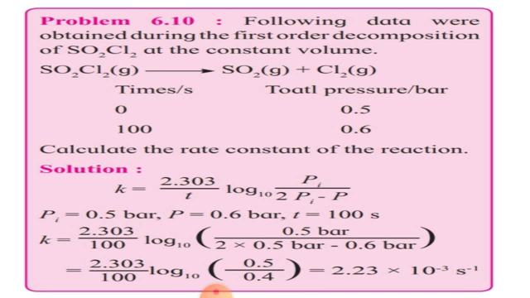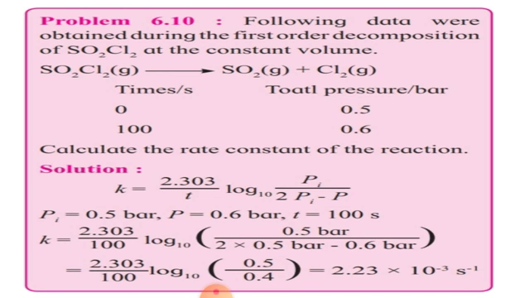It is a simple calculation. 2.303 upon 100 will be as it is, log 0.5 bar will be as it is, upon 2 into 0.5. 0.5 into 2, we are getting the value 1.0. 1.0 minus 0.6, so if we subtract 0.6 from 1.0, we are getting the value 0.4.